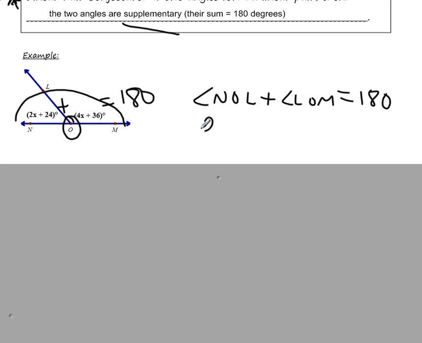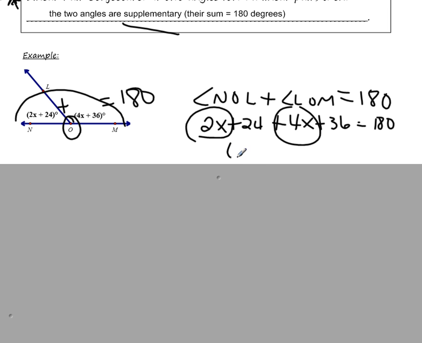2x plus 24 is NOL, and LOM is 4x plus 36 equals 180 degrees. We're going to add our like terms together. 2x and 4x is 6x, and 24 and 36 is 60, and that equals 180 degrees.